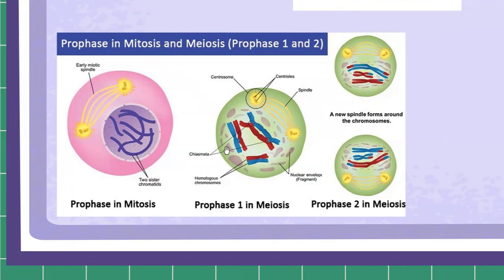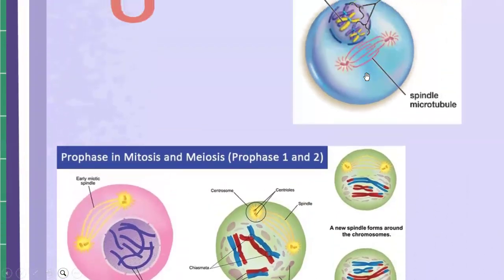These are the nuclear envelopes, parts of the nuclear envelopes, and you can see the homologous pairs of chromosomes attach to each other. Why are they attached to each other, and what is the meaning of this, that some red chromosomes have blue parts and some blue chromosomes have red parts? The final stage of prophase one should be like this.